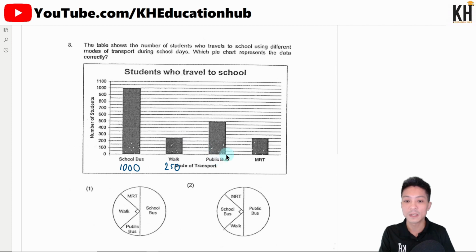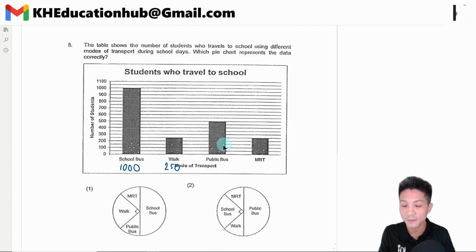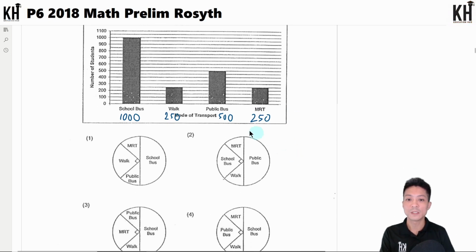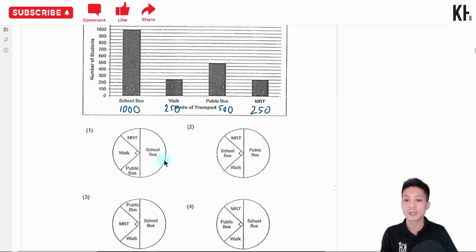Public bus will be 500. MRT is the same as walking, which is also 250. We can see that the total is 2000, right? So the school bus must be half of it.